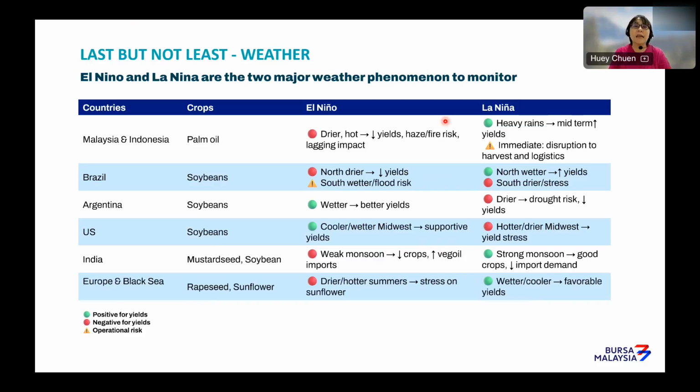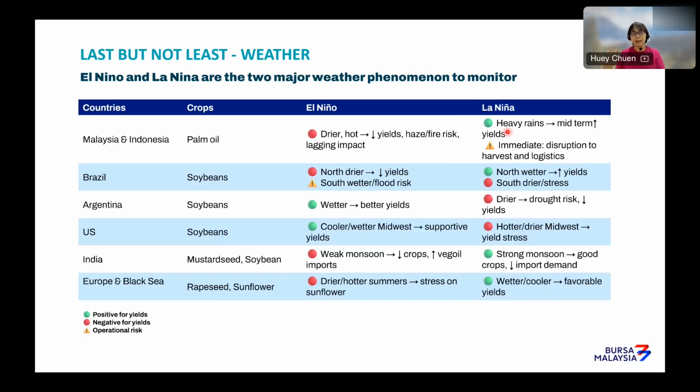And last but not least, as I mentioned just now, the weather impact. Remember, the weather not only affects palm, it also affects other agricultural products, like our competing soybean, rapeseed, and sunflower. Rapeseed in Europe is the same as canola.